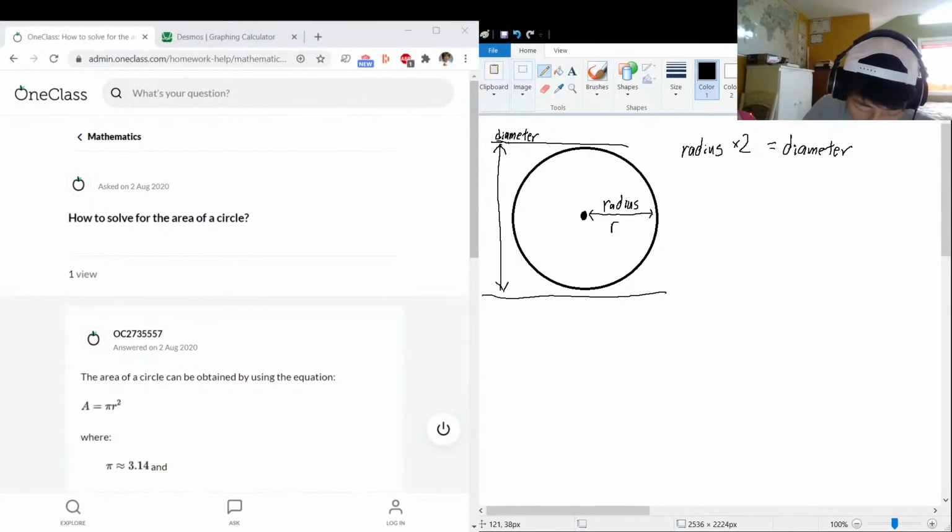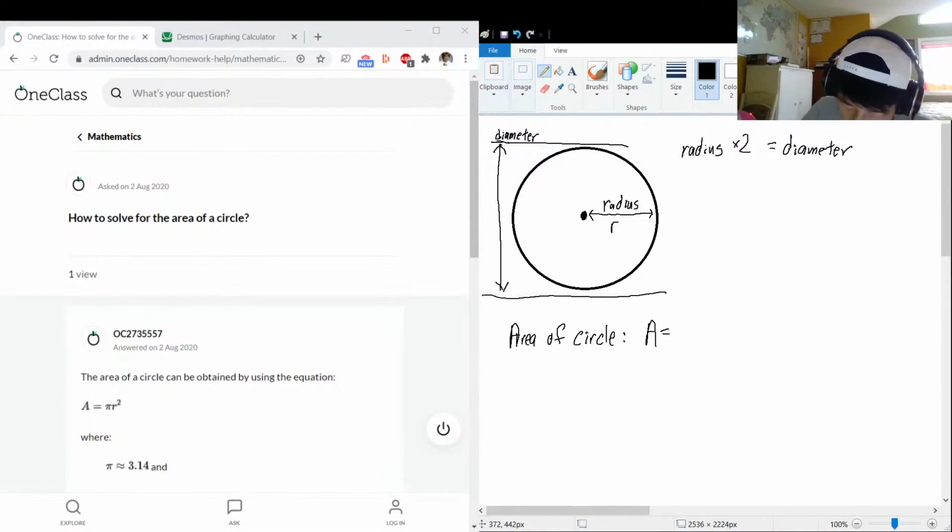So to find the area of this circle, we know that the area of a circle, let's call that A, A for area. Makes sense to me.